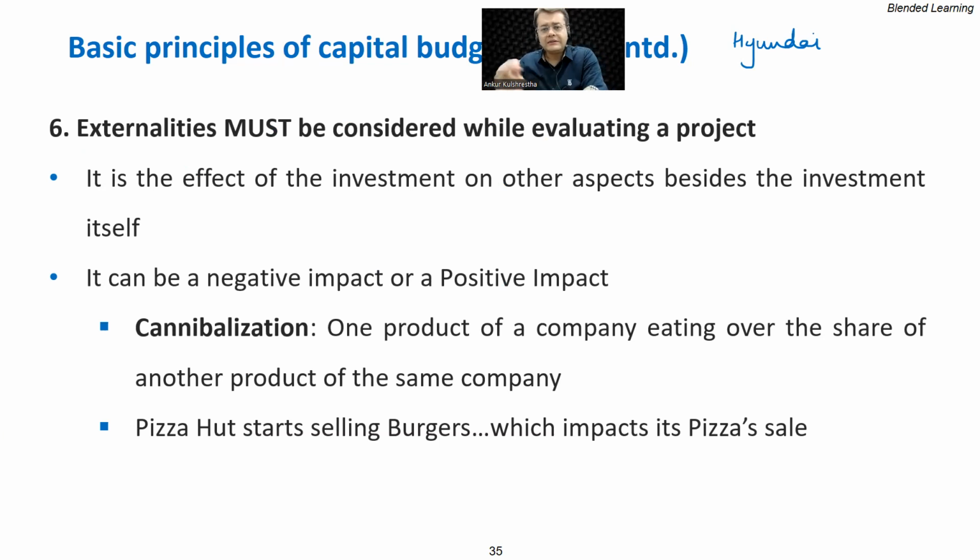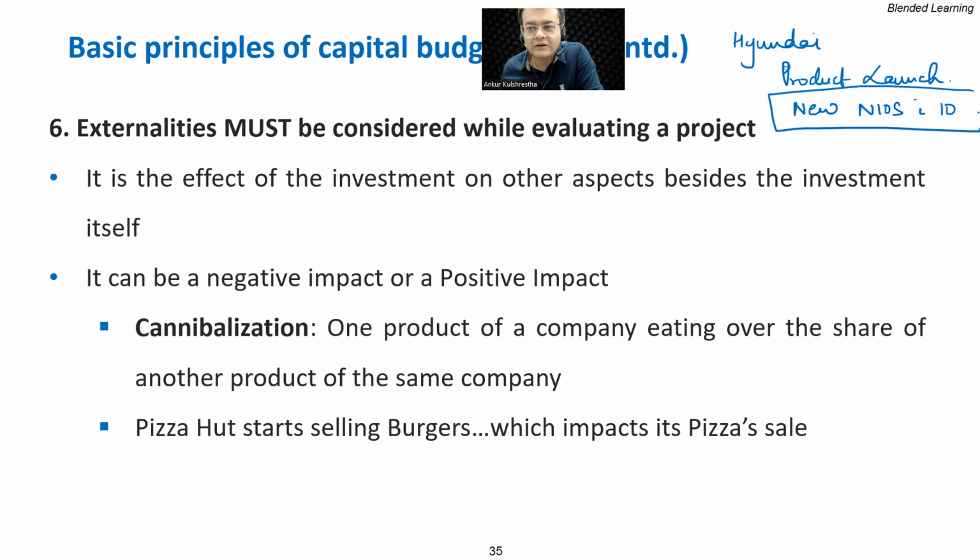Now they are planning to relaunch, let's say, Grand i10. So the decision is a product launch, a new Nios i10. Should I launch or not? This is the decision point. That's a capital project.